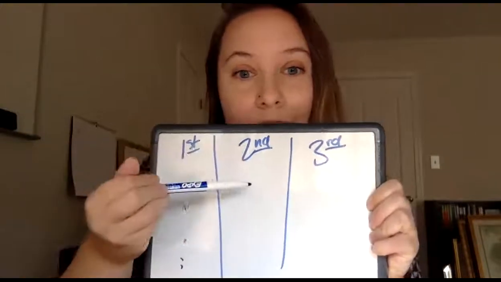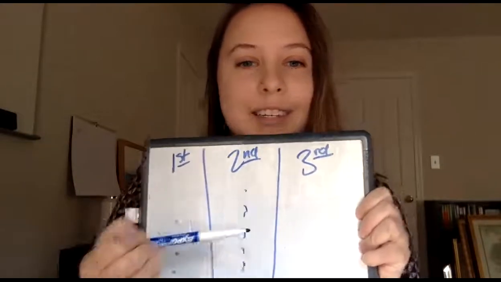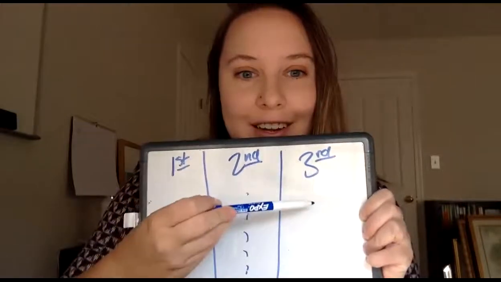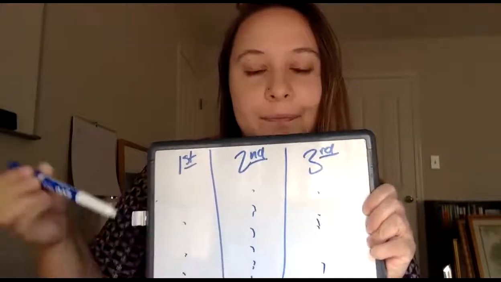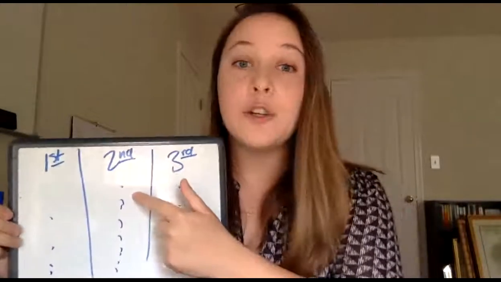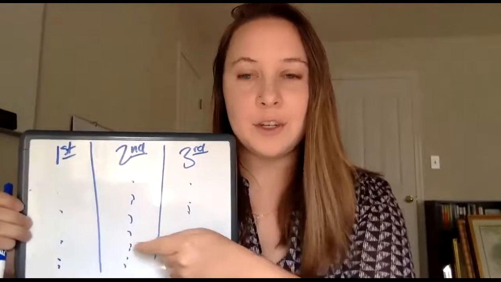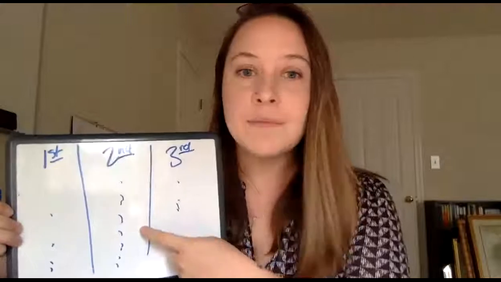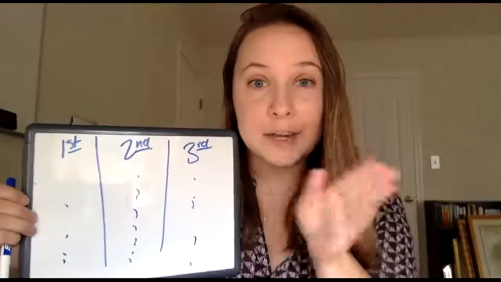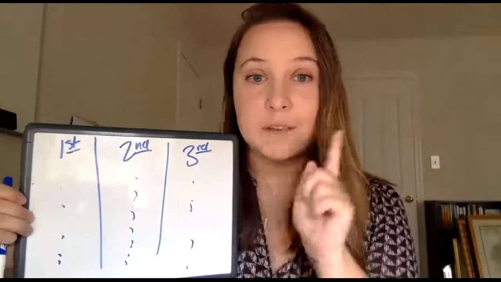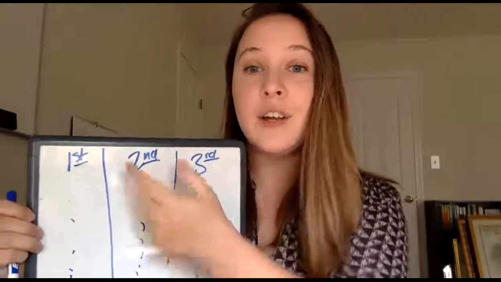This is 2nd grade and it has all of their information. And then you have 3rd grade and it has all of their information. If your child is in 2nd grade, you are only going to read 2nd grade. You're not going to read 1st grade and 3rd grade and 2nd grade. You only need the information for your child.